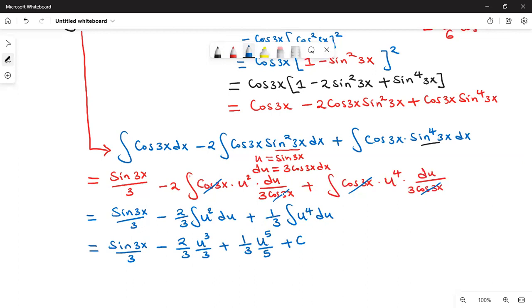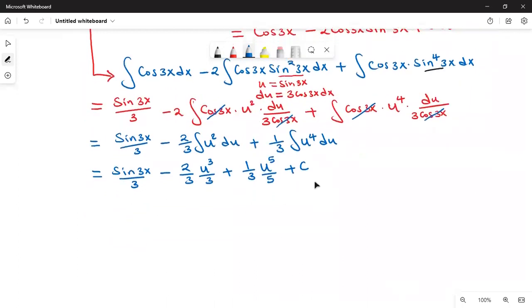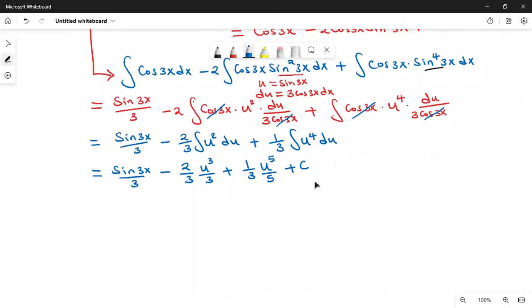And finally, you need to replace u. Our u was sine 3x. So where there is u, you're going to put sine 3x. To get this, you want to get 1 over 3 sine 3x minus 2 over 9. So this will now be sine cubed of 3x, that is our u.